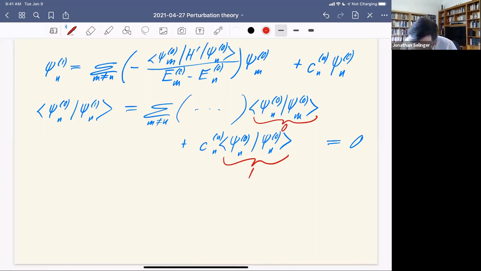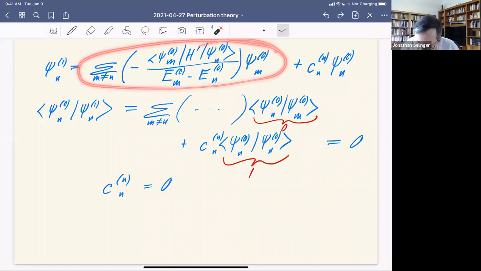So this equation just tells us that Cnn equals 0. That term is 0. So we get rid of this last term, and all that's left is this sum.